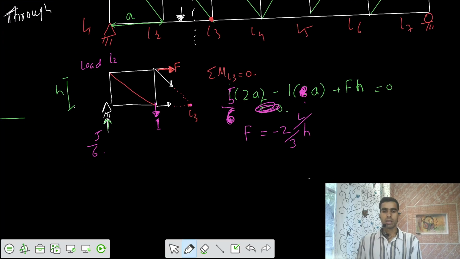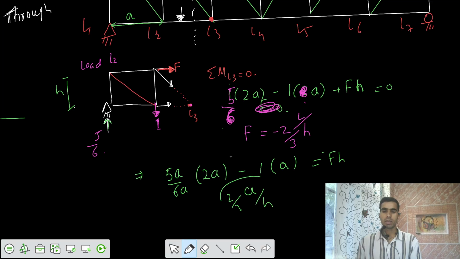If I write it this way also, you have this ordinate 5A by 6A and this length of 2A, then minus 1 into A equals F into H. So finally we got that value of 2 by 3 of A by H.